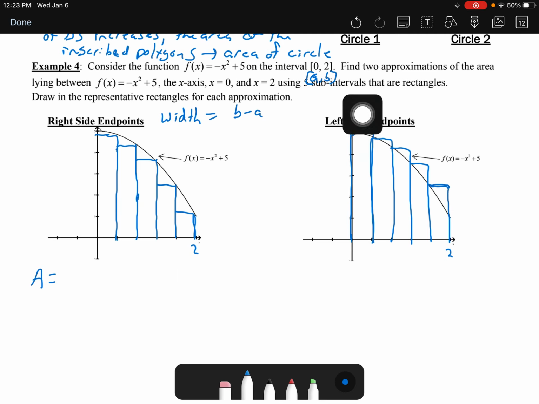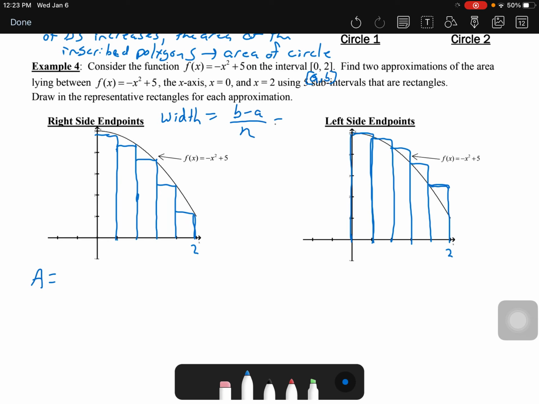Then we divide by however many partitions they ask for. They said using 5 subintervals, and they use n for that. So it's b minus a over n.